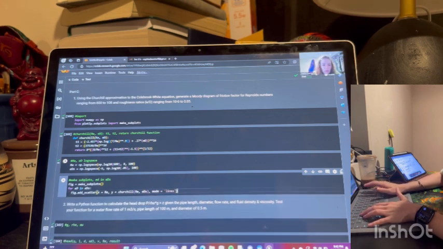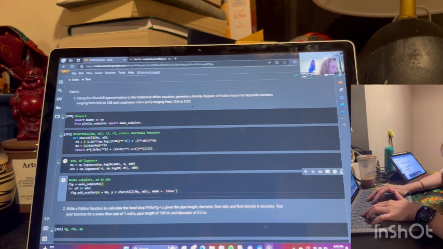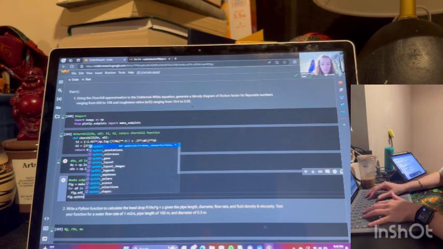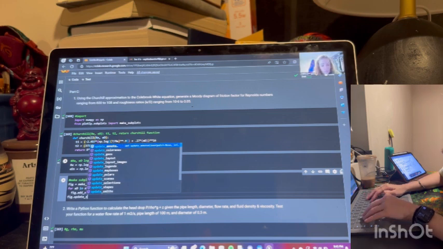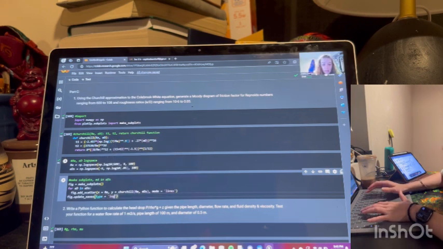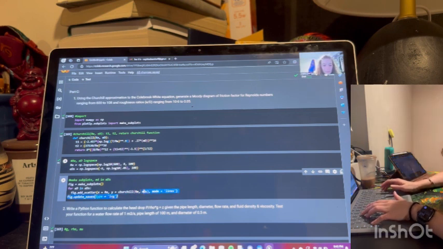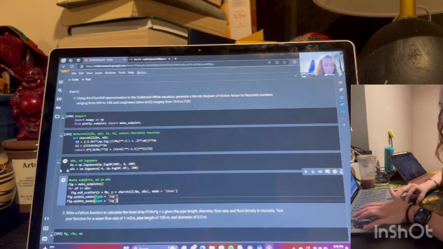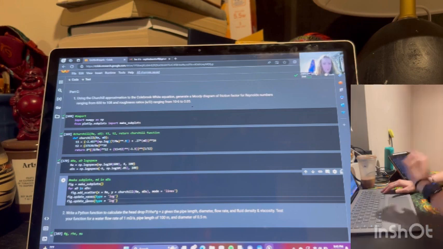Oh, we're doing that. Okay. And then we're going to do our x-axis, and we want this to be in log form. Then we're going to copy and paste this and do the same thing for y.